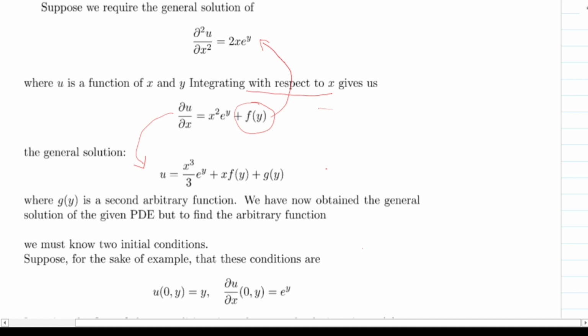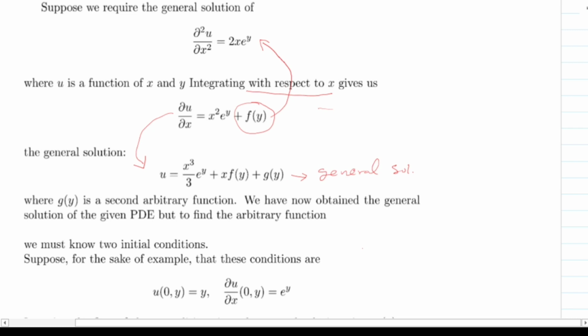Since we are integrating f of y with respect to x, the integral of dx is x, so x into f of y, plus we introduce another arbitrary function g of y. This can be the general solution to the given partial differential equation.